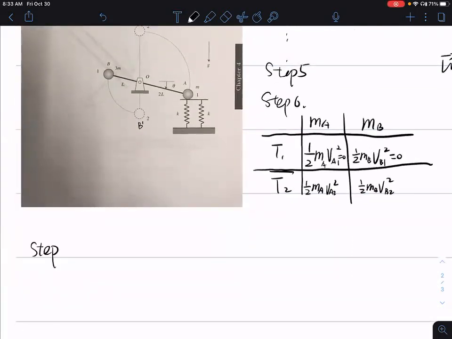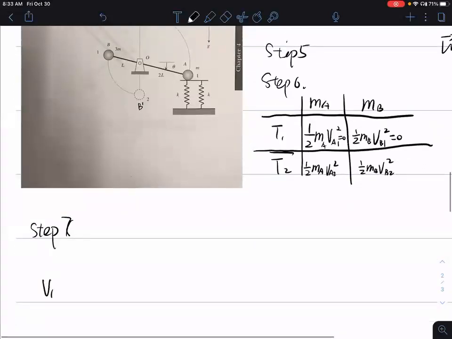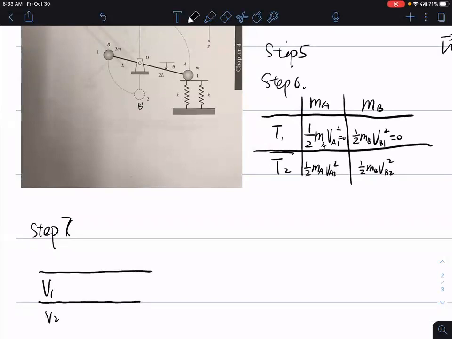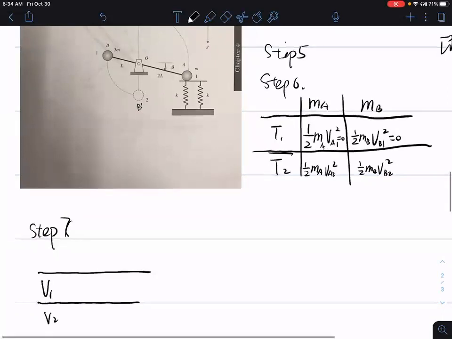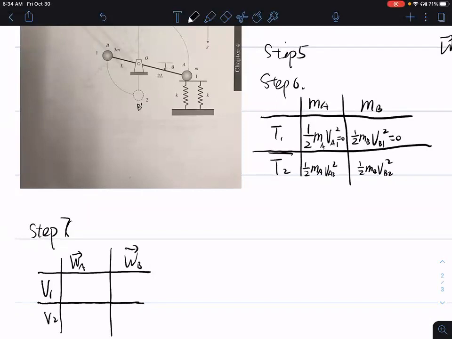Step 7, tables for potential energy, V1, V2. We have 2 different types of potential energy. One is from gravity, the weight force. We have 2 weight forces, the weight force for A and the weight force for B. And we have 1 spring.